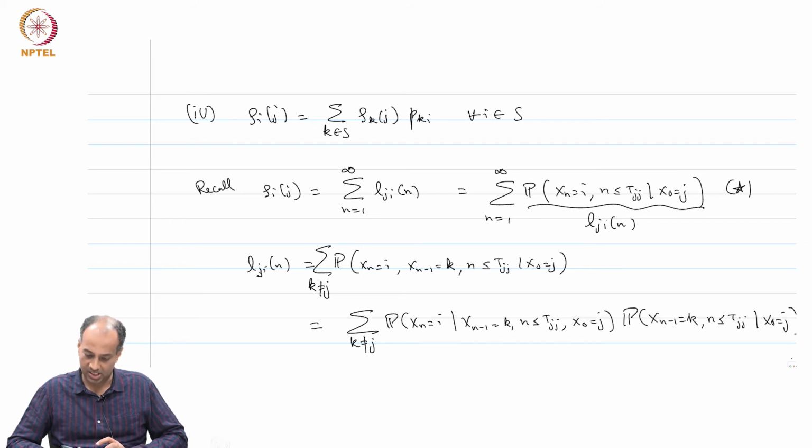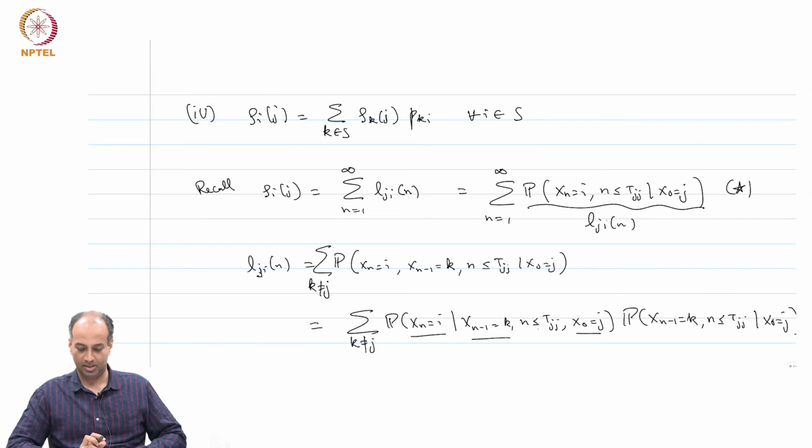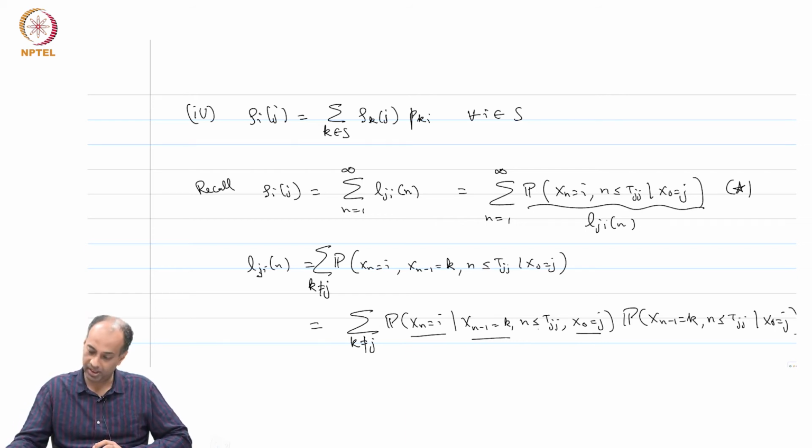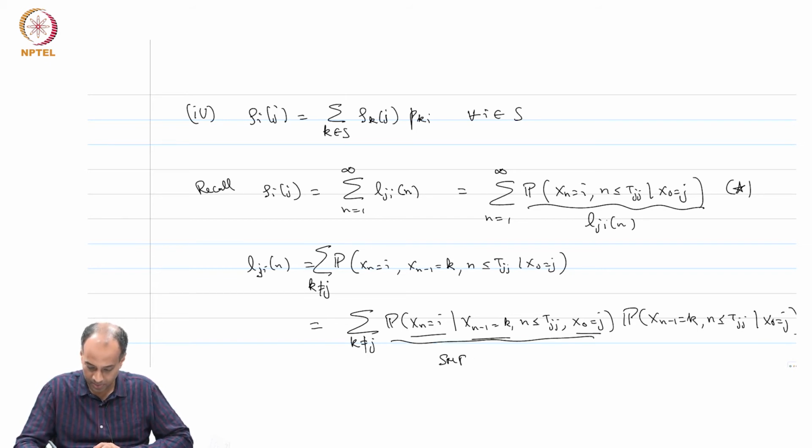Now, if you look at this, this is the probability that X_n equals i given X_{n-1} equals k, X_0 equals j, and something to do with this stopping rule T_jj being bigger than or equal to n. So, we can invoke the strong Markov property. Because of the strong Markov property, this term will be equal to p_ki.